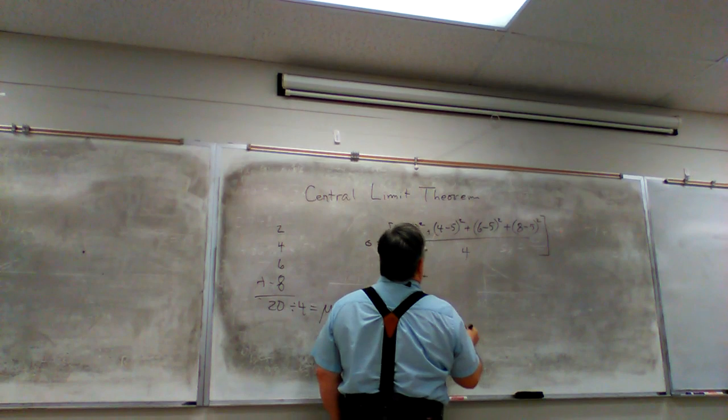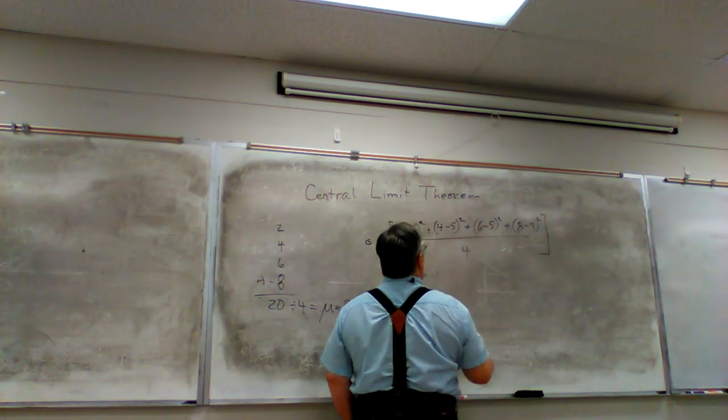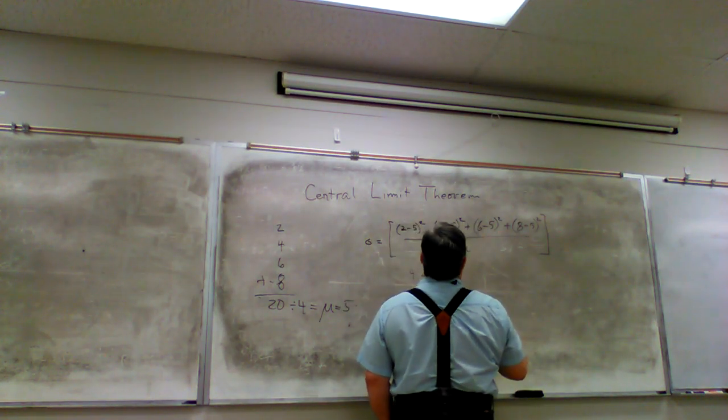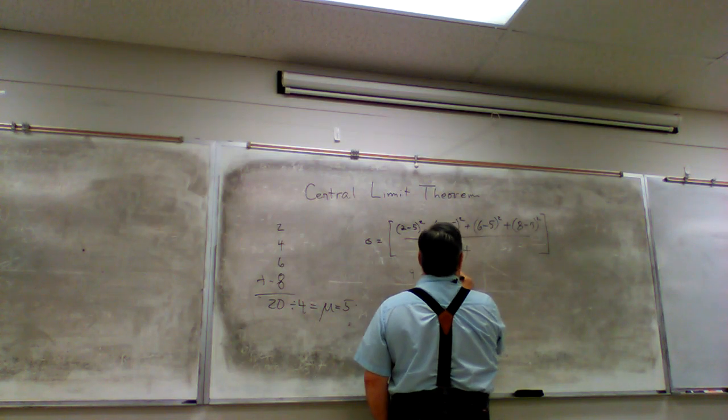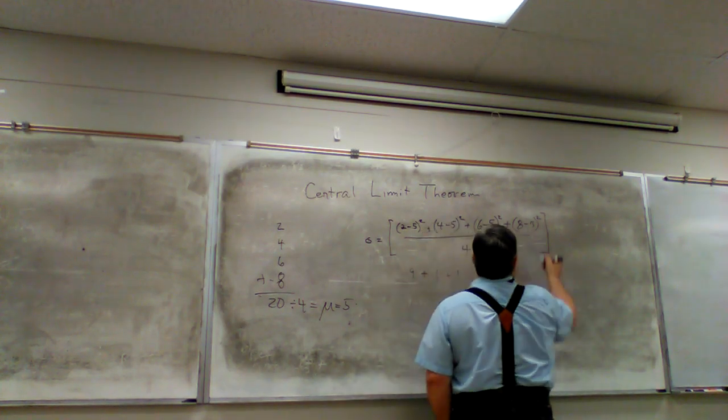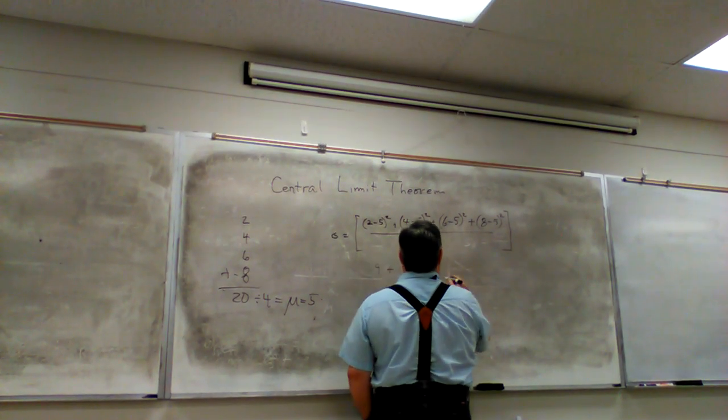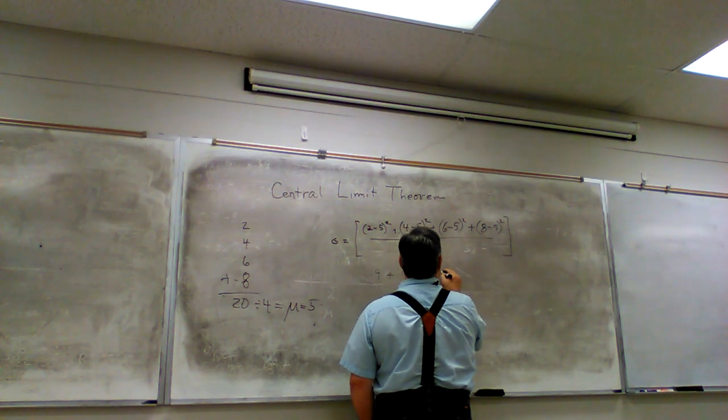Plus 4 minus 5 is -1, squared is 1. Plus 6 minus 5 is +1, squared is 1. Plus 8 minus 5 is 3, squared equals 9.